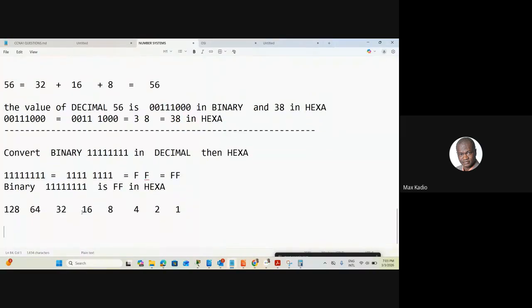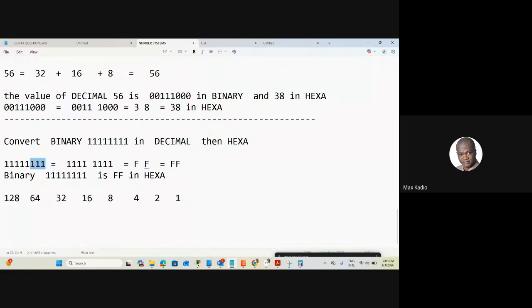So this time, this binary, you're going to put them in your table. Binary, you see one, it's all ones. You put it in your table the way it is, from right to left, if you want to make sure.